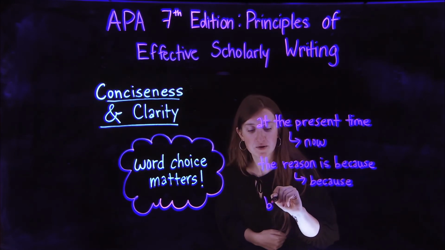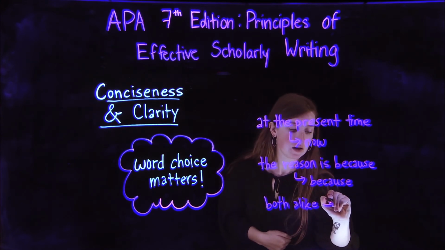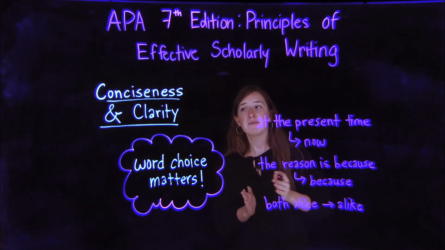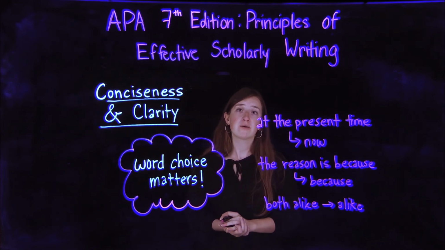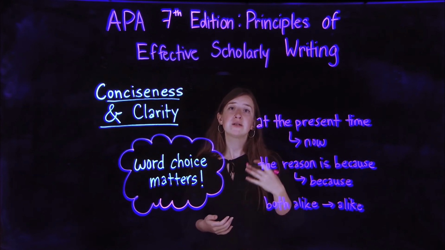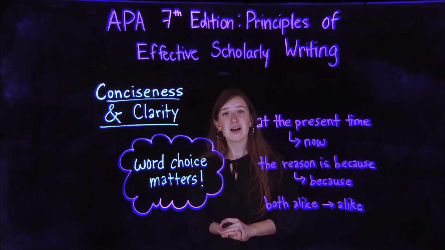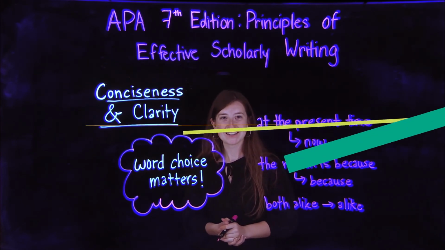Instead of saying both alike, just say alike. Okay, so conciseness and clarity is all about being frugal with your words, being very deliberate in your linguistic choices, and of course, this is going to make your work more scholarly, it's going to make your work more effective, and it's going to make it easier for your reader to follow your ideas.